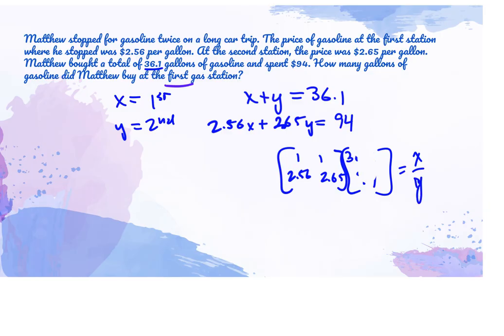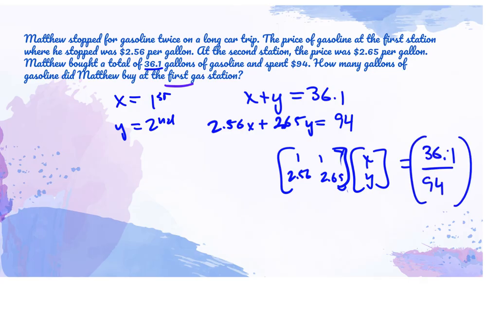Well, actually, it would look more like this. There shouldn't be a line there. You're not dividing. Then if I take the inverse and multiply it over, it becomes my answer. But we'll solve it the hard way.